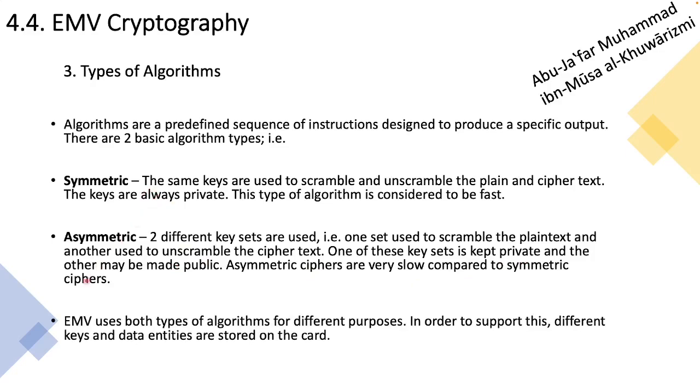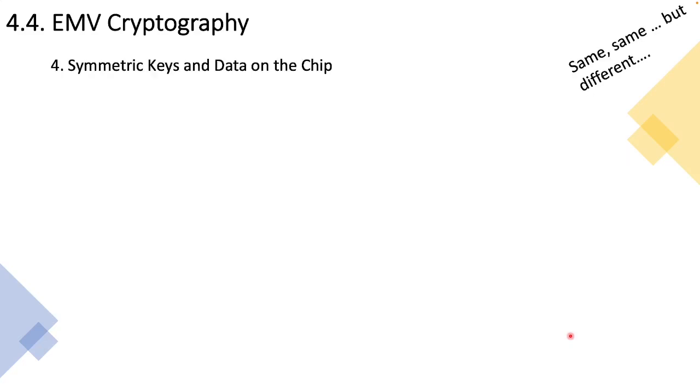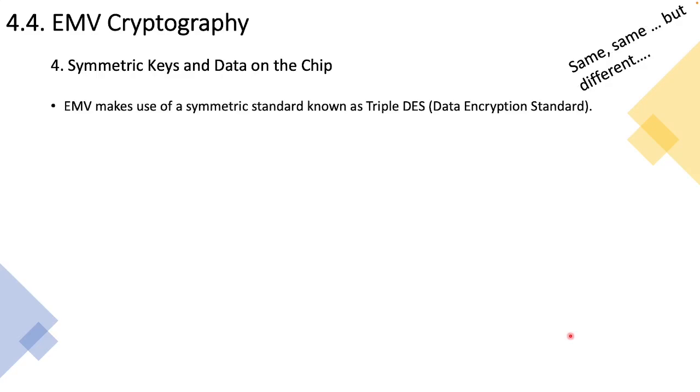In EMV we use both types of algorithms, for different purposes, and in order to support this, we store different keys and data entities on the card. So let's look at some of the symmetric keys and data that we store on the card or on the chip. EMV at this point in time makes use of a symmetric standard, so symmetric cryptography, known as triple DES.